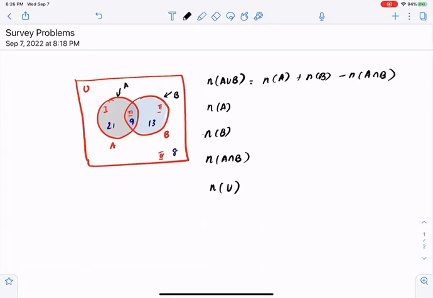So what do we have? We have 21 or 4 N of A. Got to add 9 to it. So in total, we have 30. N of B, 9 plus 13. You have 22. N of A intersect B, we have 9.